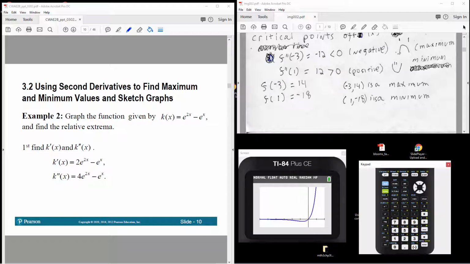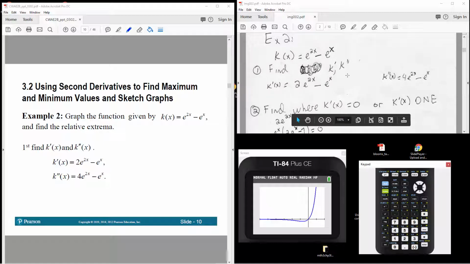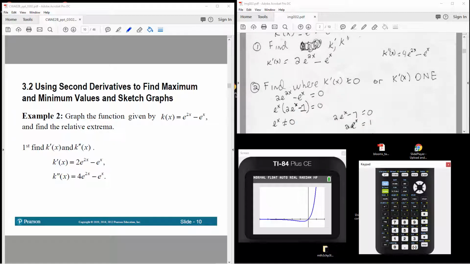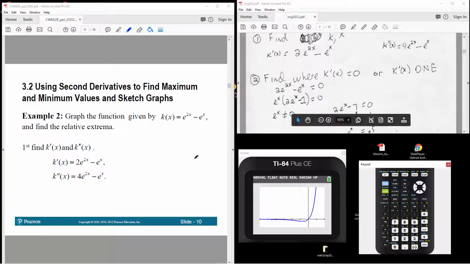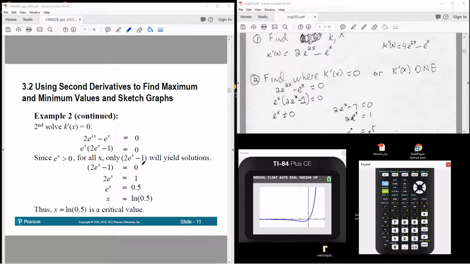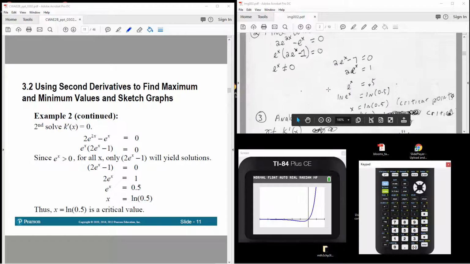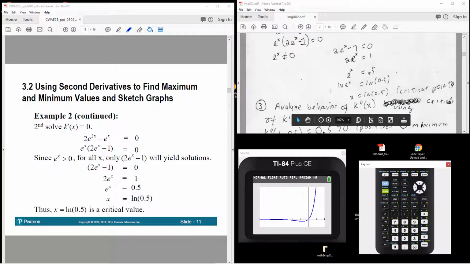So the first thing I do is I find my first and second derivative. Then I set my first derivative equal to 0. I know that e to the x will never be equal to 0, so I'll go ahead and solve 2e^x - 1 equal to 0 for x. Taking a log of both sides, there's my critical point.